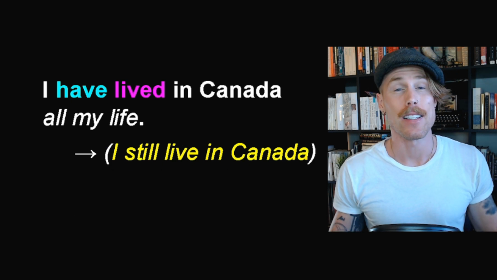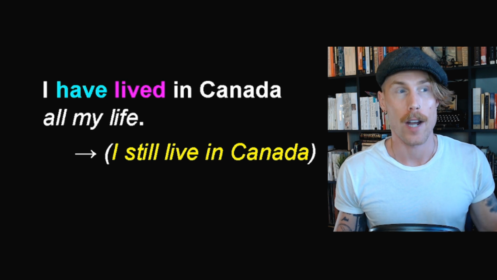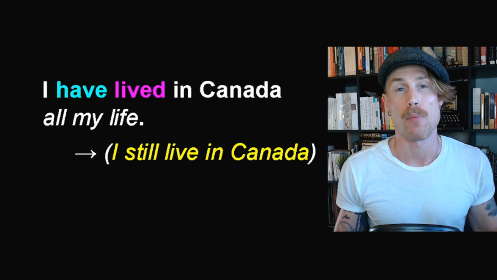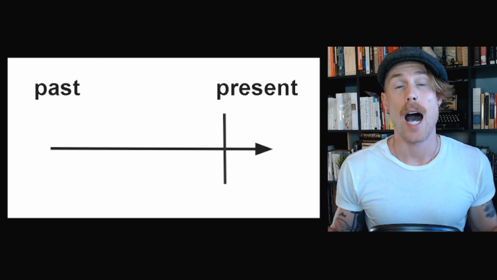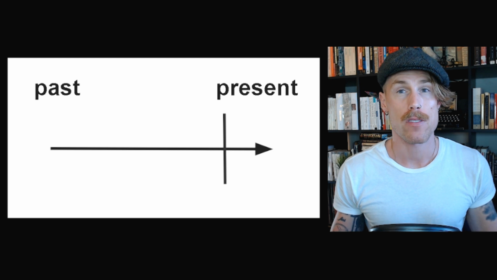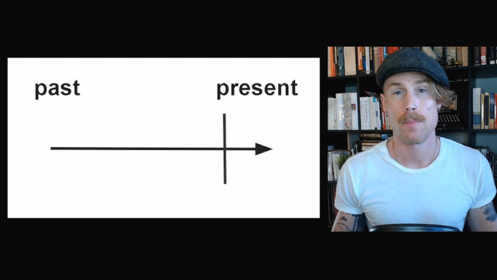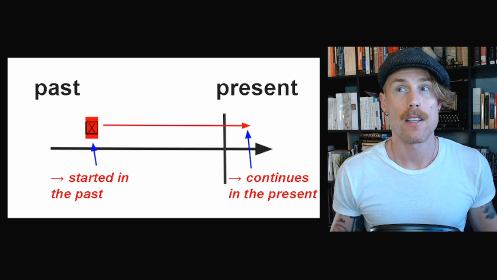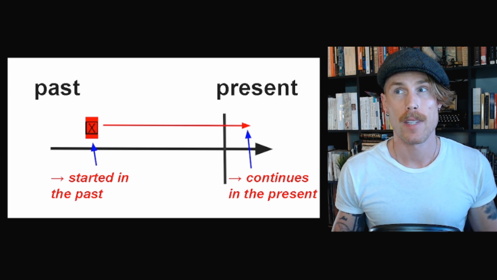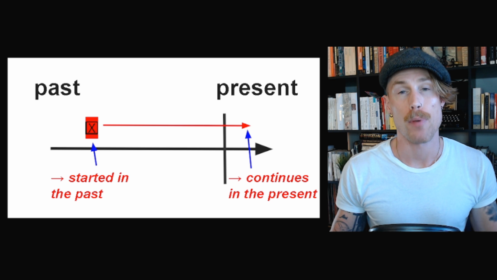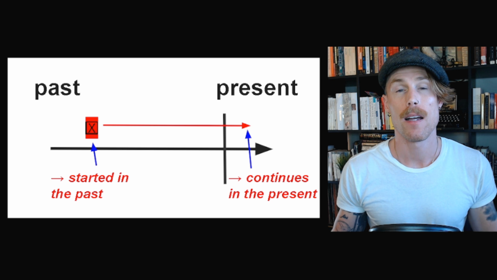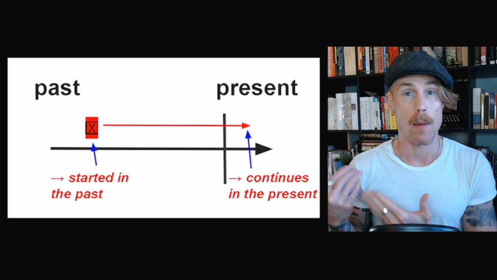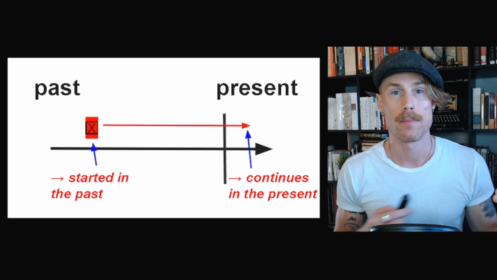And so I still live in Canada now, right now, today, in the present time. So here we can see a time chart, the past and the present. And here, started in the past and continues in the present time. So I have lived in Canada all my life, from when I was born, a baby, until now. Understand?